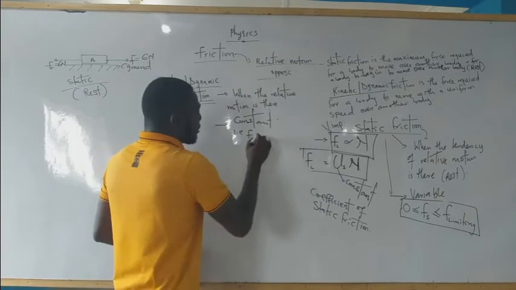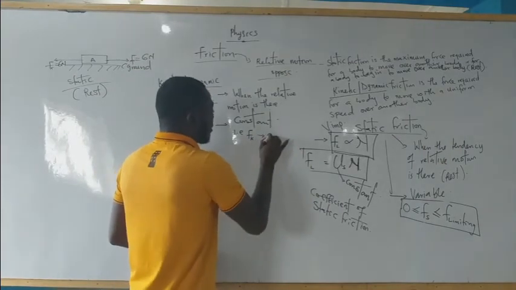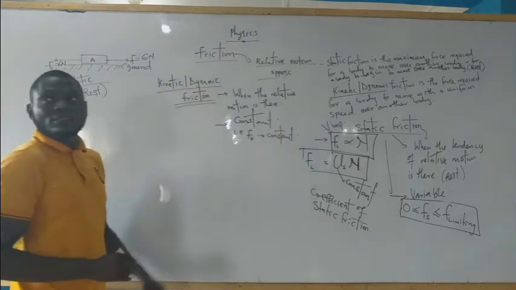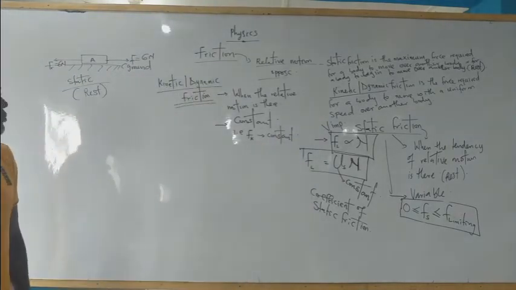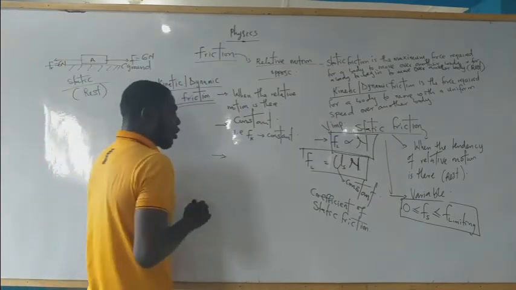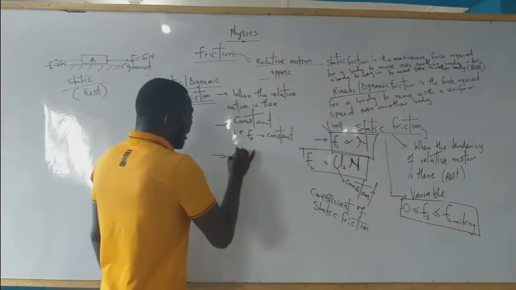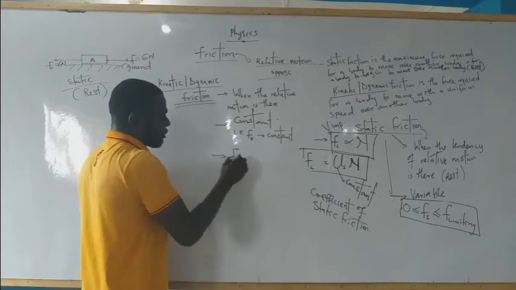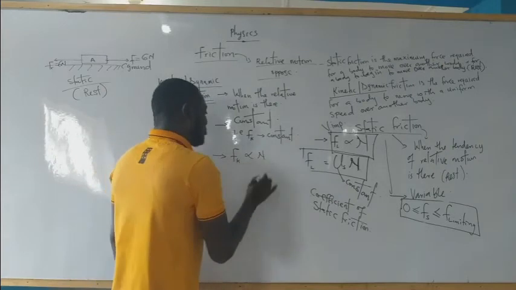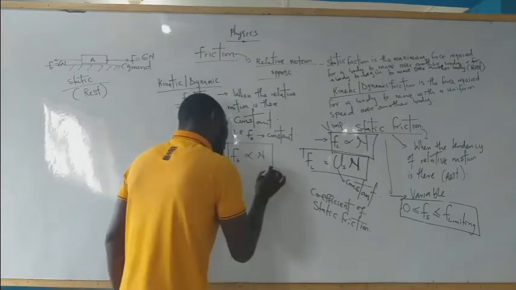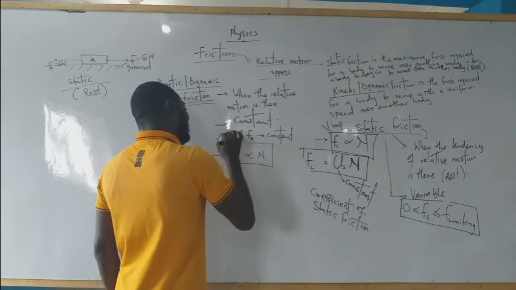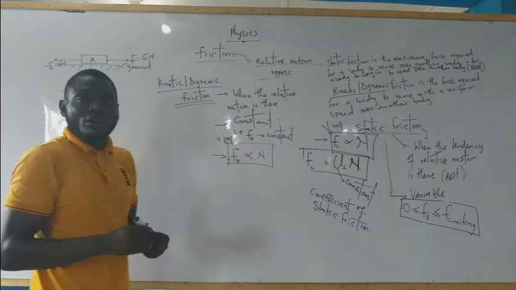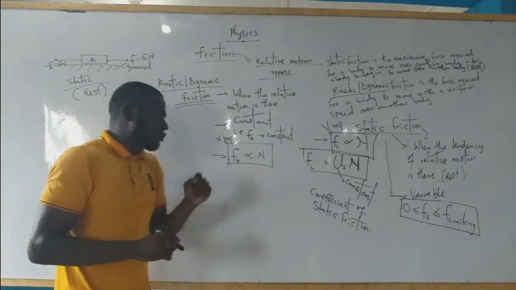Kinetic friction is constant. Very, very constant. The third one is FK, the kinetic or dynamic friction, is proportional to the normal reaction. Very, very important.